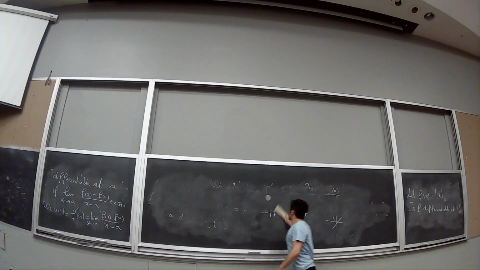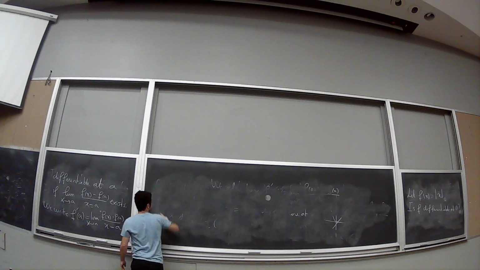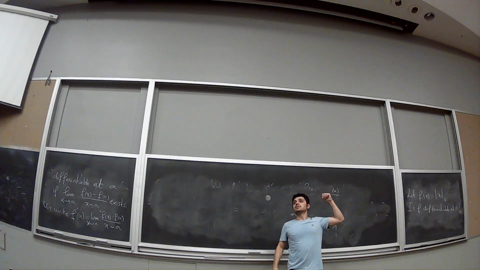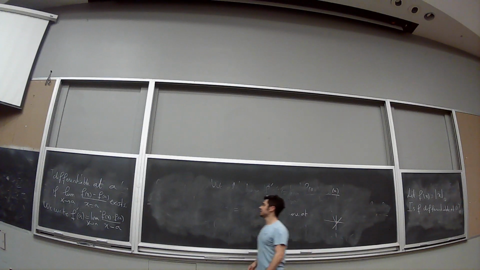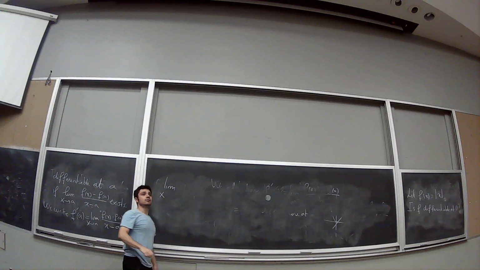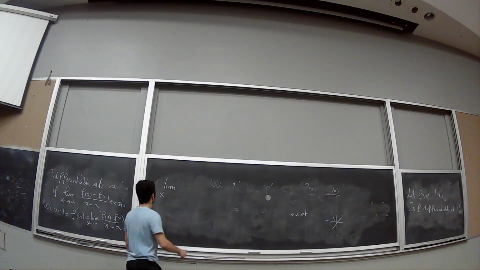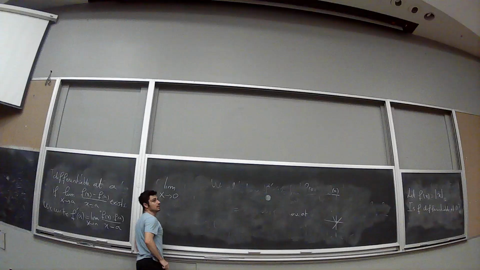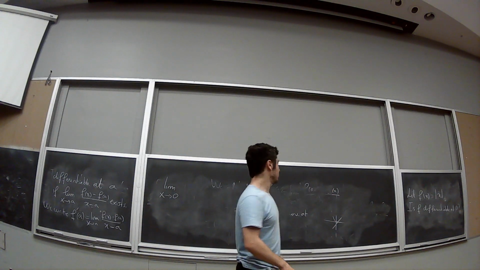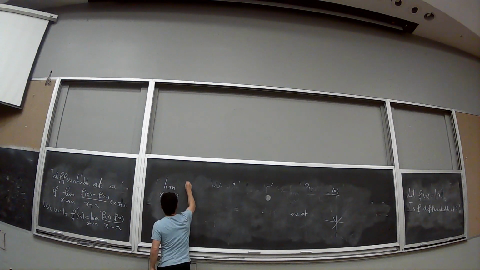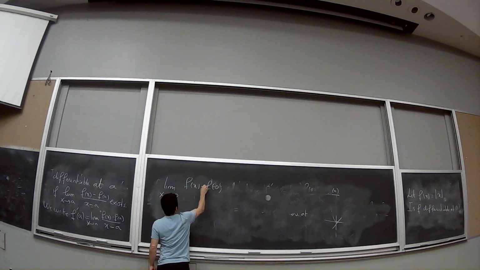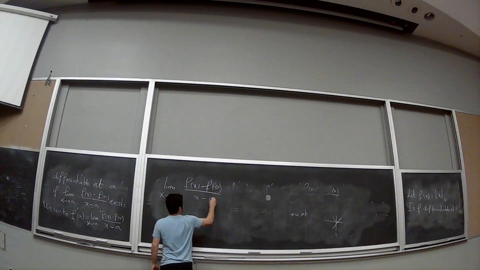We'll have to look at the limit. What is the limit I'm looking at here? The limit as x approaches 0 of what? What is the quotient I'm looking at? f of x minus f of 0 over x minus 0.